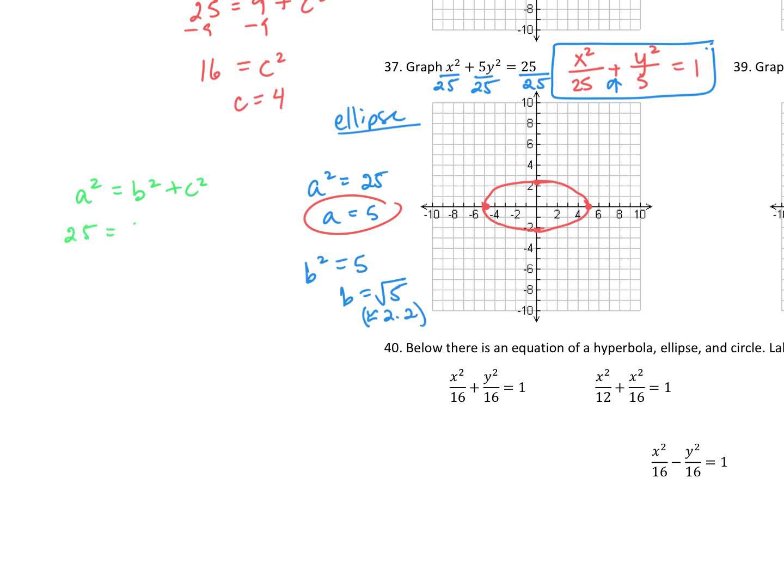Our b squared is 5. And now let's solve for c. Subtract 5 from both sides. 20 is equal to c squared, so c is equal to the square root of 20. And when we square root that, that's about equal to 4.8.